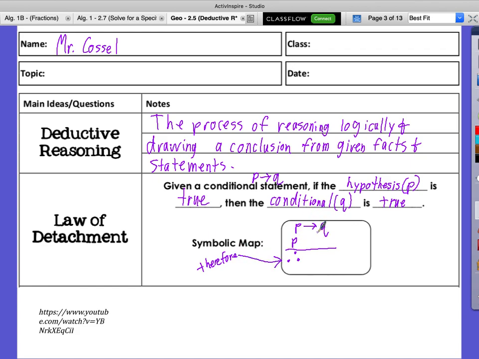Everything above the line is what we're given. Below the line, if we're given a conditional statement and we're given that the hypothesis is true, therefore, Q is true. Who made this up? Why can't we just write it out? It's just shorthand, but you're not going to want to when you've got a whole bunch of sentences to write.